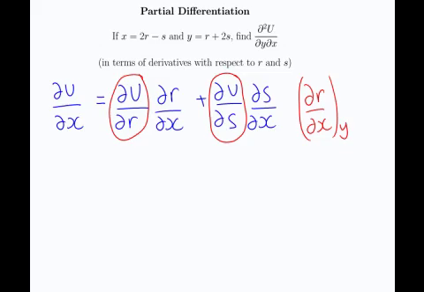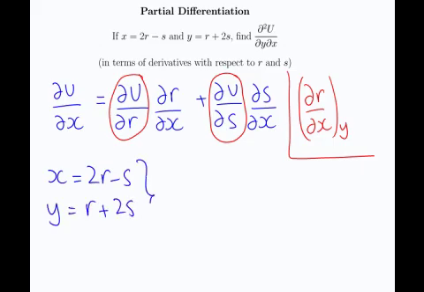And similarly, partial ds by dx is treating s as a function of x and y. So what I need to do is find r in terms of x and y first, and similarly s in terms of x and y, so that I can then evaluate these derivatives. That's fairly straightforward because I can just solve these equations simultaneously.